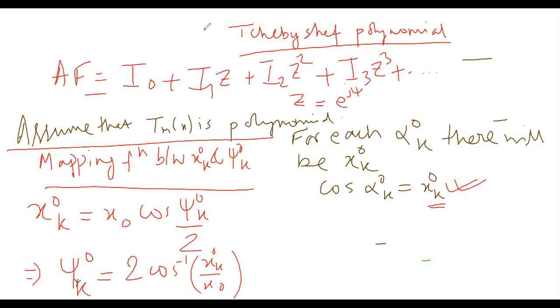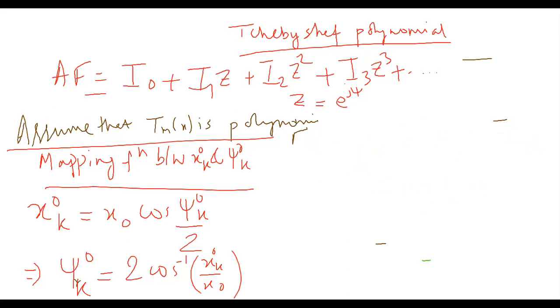Clear to everyone? Now you can question me: x naught k is okay, but what is the x naught that appears in the denominator? How can you find that? For this, you need to remember the diagram again. What is this x naught?